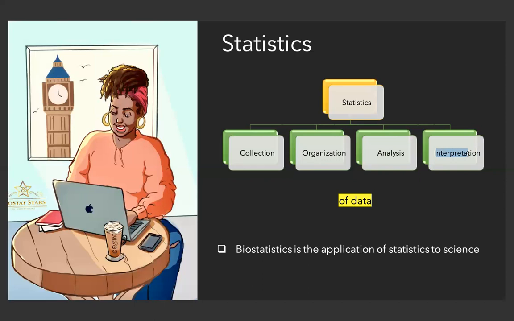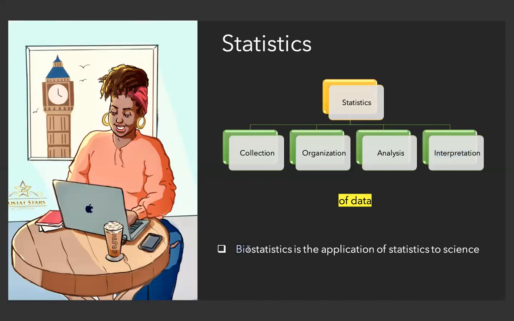This is all under interpreting data. We want to understand and be able to make conclusions or interpretations or predictions based on the data that we have. So this is about statistics in general. It's all about data: collecting it, organizing it, analyzing it, and interpreting it. Okay, so this is statistics.